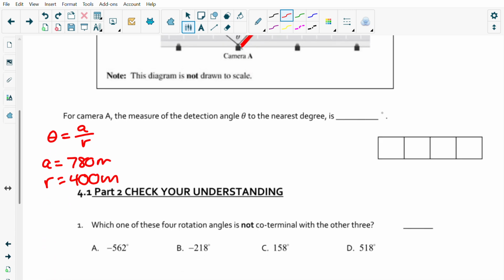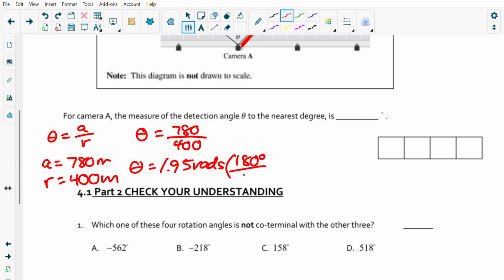This is A. What angle does this sweep out in degrees? So theta equals 780 divided by 400, and that equals 1.95 radians, and that times 180 degrees divided by π radians is 111 degrees. 111.